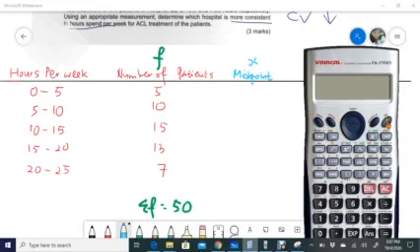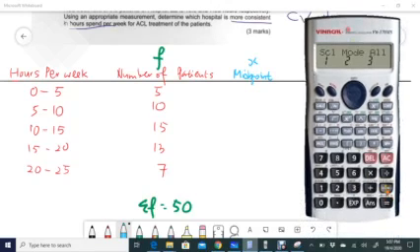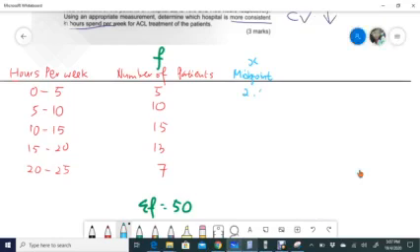So 0 plus 5, divide by 2, you have 2.5. 5 plus 10 divided by 2, you have 7.5. 25 divided by 2, 12.5. 35 divided by 2, 17.5. 45 divided by 2, 22.5.